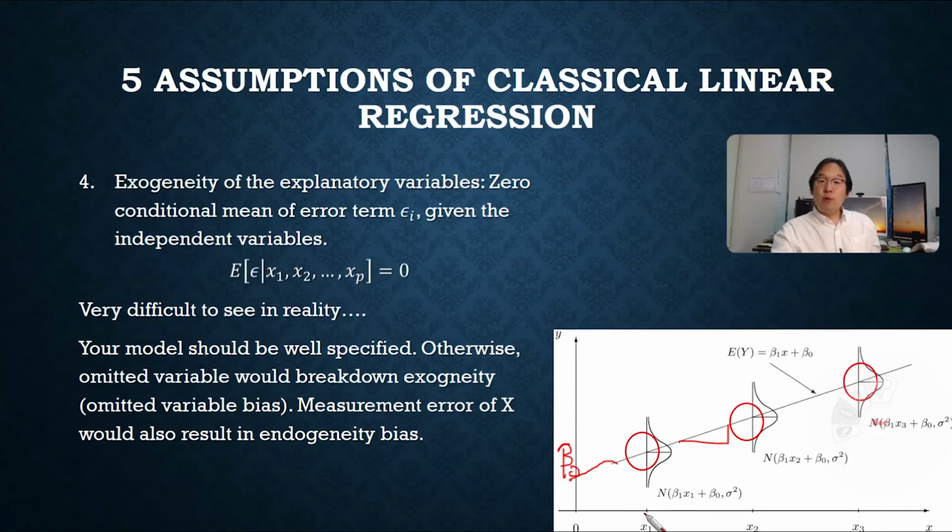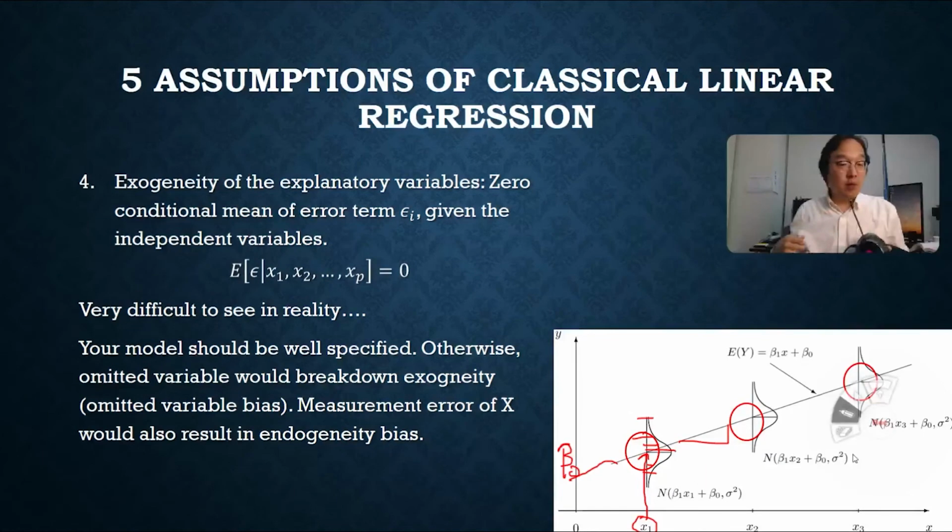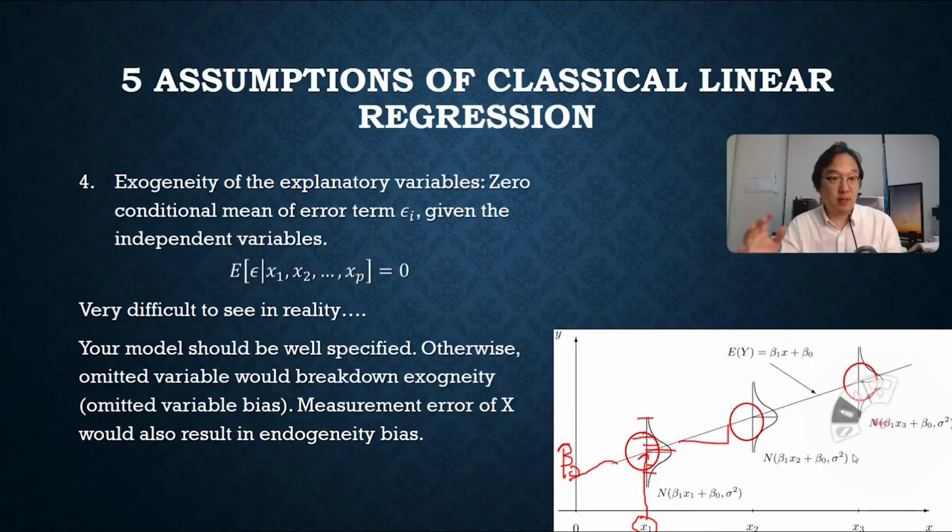But what is important here is that given a specific value x1, your residual should be distributed such that the average will be 0. So, zero conditional mean of error terms, epsilon. Given the information about those x values, the epsilon has to average 0.